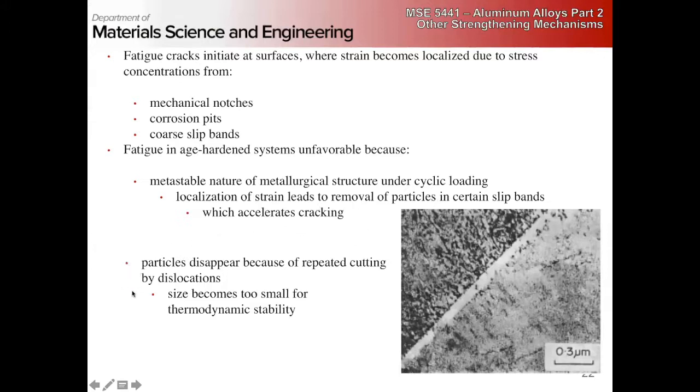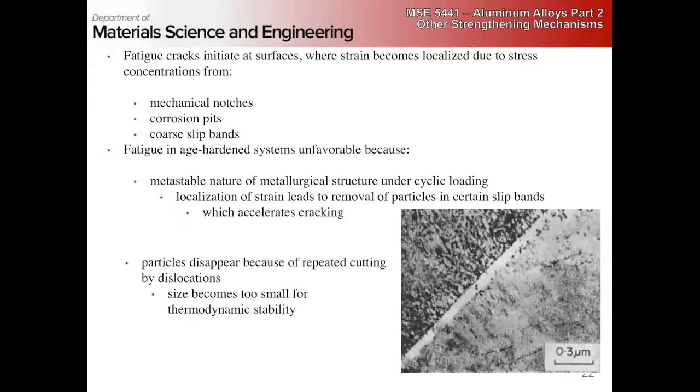And remember that as we cut these particles, they become smaller. Right? If we have a particle that hypothetically is just slightly larger than R star, so it's thermodynamically stable, it's going to grow. But if we cut it, we put a bunch of dislocations through it, and we split them into two particles that are each smaller than our critical nucleus size, they're going to shrink and disappear.